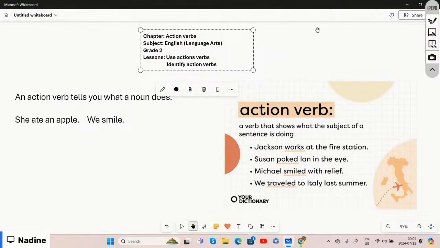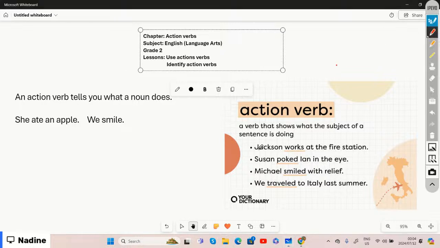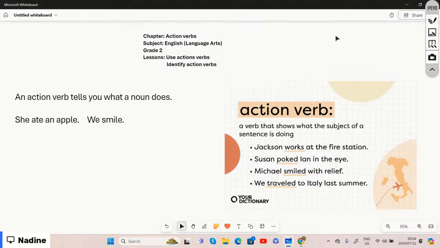All right, so our chapter is action verbs.